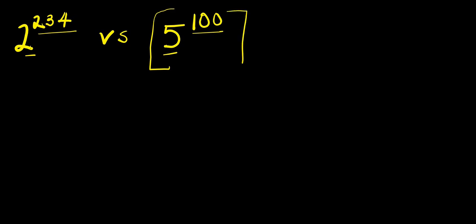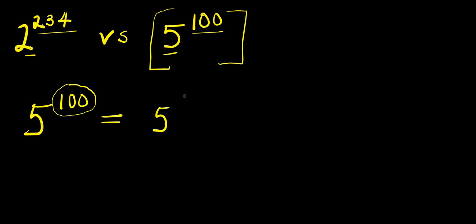5 to the power of 100. I have 5 to the power of 100 here. This equals, now I can express this 100 as a summation of 99 and 1. So we'll have 5 to the power of 99 plus 1.